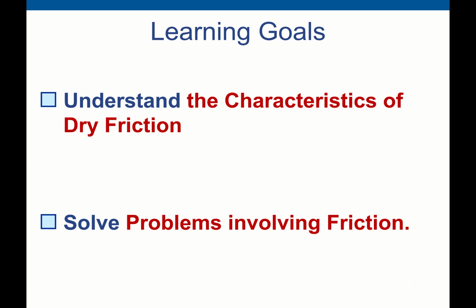Today we learned some characteristics of dry friction. It can be slipping or tipping, and you have to check your assumptions based on the equations. For the slipping, you have to check that the distance should be less than half of the width.